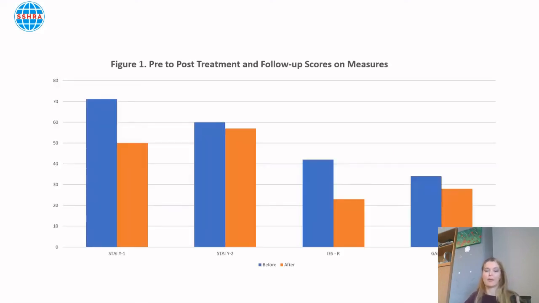After we completed all the sessions, we again had her answer the questionnaires, and you can see the difference before and after: in all the questionnaires, the anxiety went down.